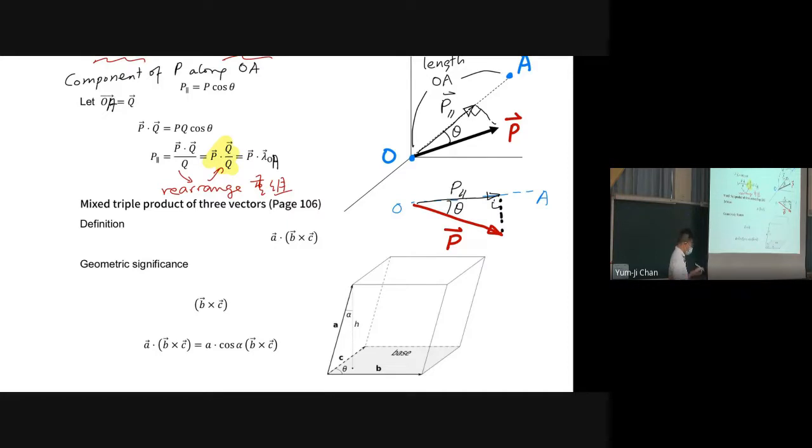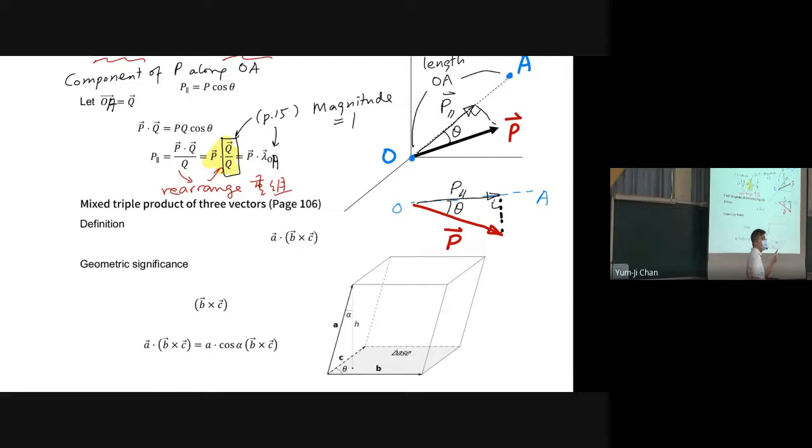Now, for this thing, you should be familiar with this, it is on page 15, I think. The magnitude of Q as a vector is Q, and divided by Q, the magnitude of this fraction is equal to 1.